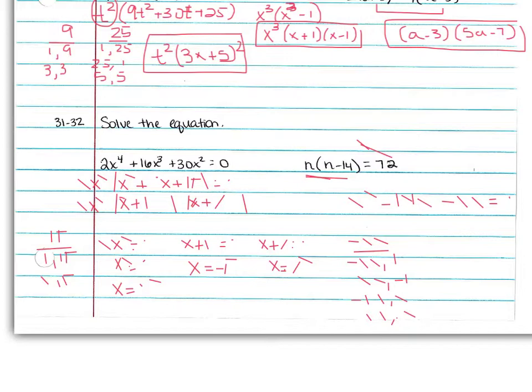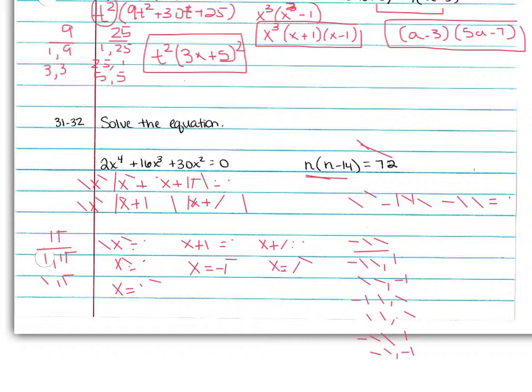Again, the numbers are too large, although they are getting a little bit closer. And then let's see if 3 goes into 72. It does. That leaves me with a negative 24 and a 3, or a 24 and a negative 3. Also too large, but still getting closer.